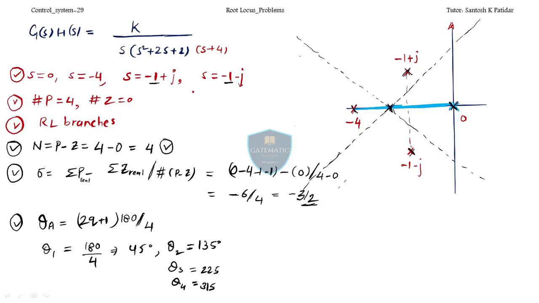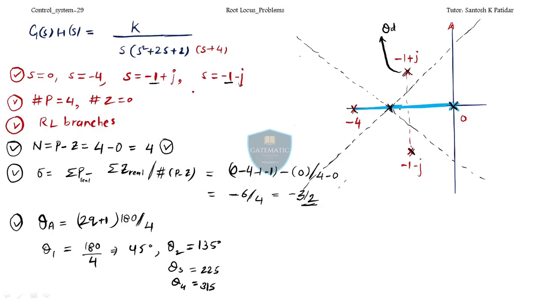So these 2 asymptotes will carry these 2 poles. Or it may be like this, these 2 poles will go to this side. So it will depend on the angle of departure, isn't it? So I have to calculate phi d over here. Okay, no problem at all.